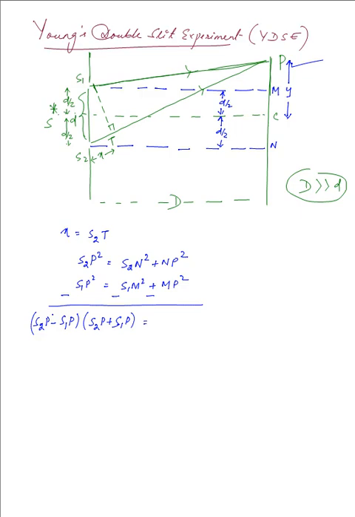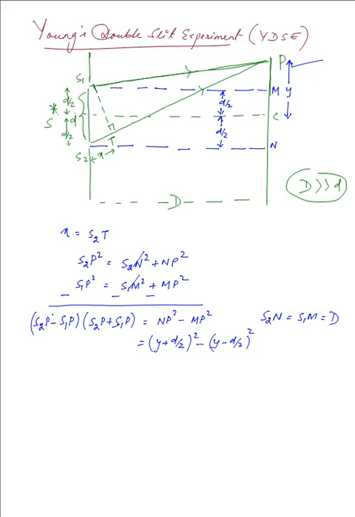And on the right hand side, since S2N is equal to S1M, which is equal to d, of course, the two terms cancel out, and we are left with NP squared minus MP squared. That would result in y plus d over 2 squared minus y minus d over 2 squared, as we get from the figure.